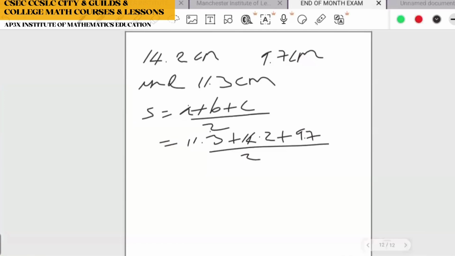As in when you add up and divide by 2? Yes, sir. 17.6? Okay, good. On to the next part.